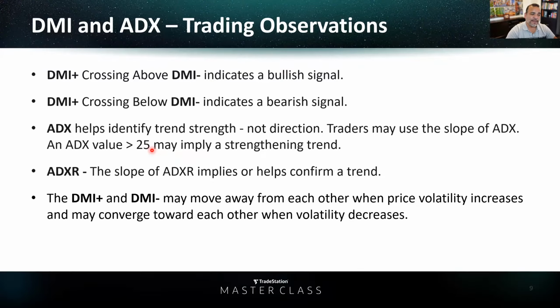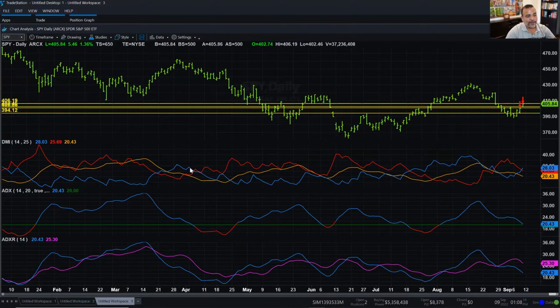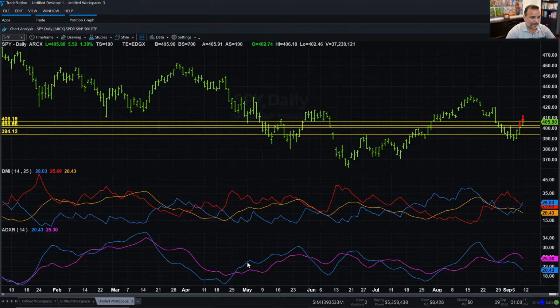And the DMI plus and DMI minus may move away from each other when price volatility increases and may converge towards each other when volatility decreases. So you see that very clearly here on the DMI study.